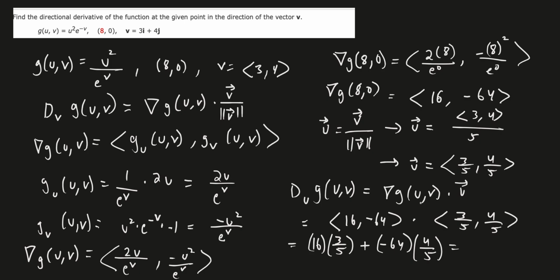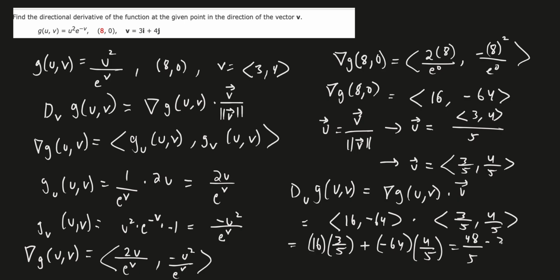All right. What is 16 times 3 over 5? That is 48 over 5, just to be sure. And then minus 64 times 4 over 5, which is 256 over 5.